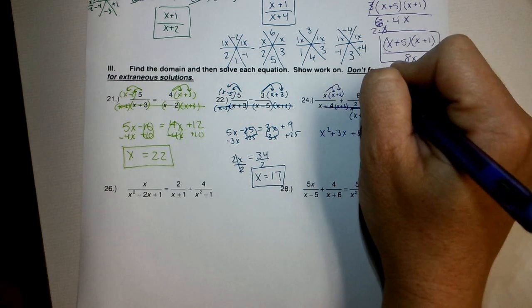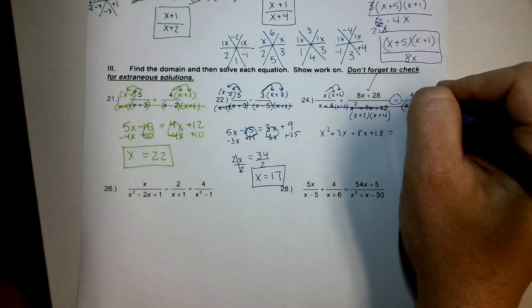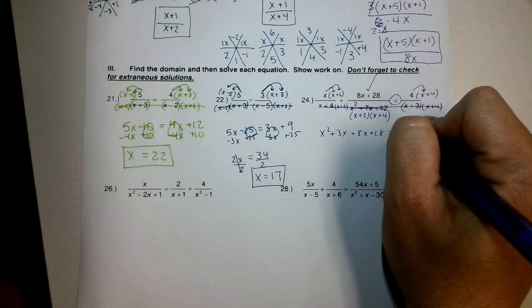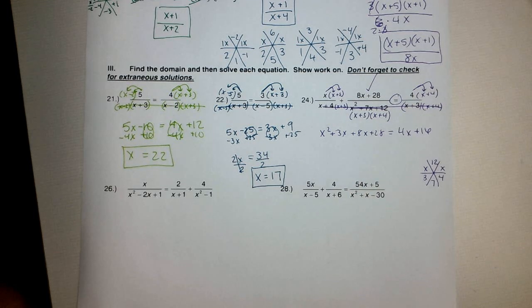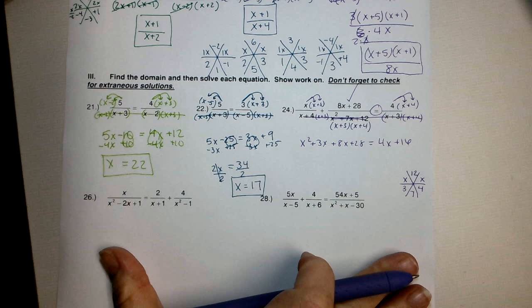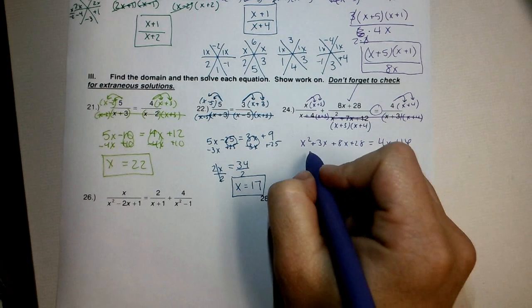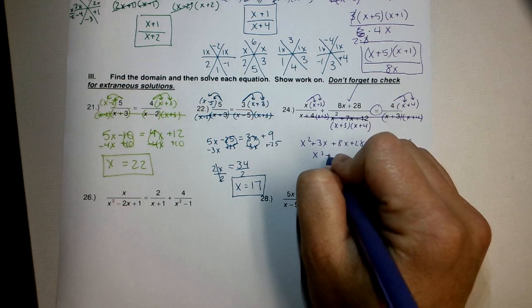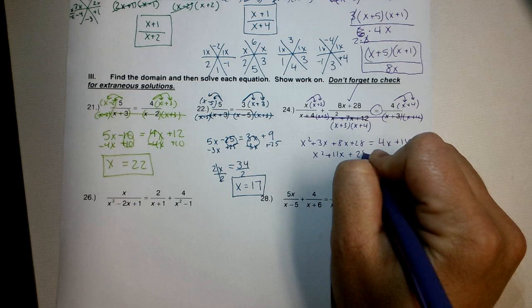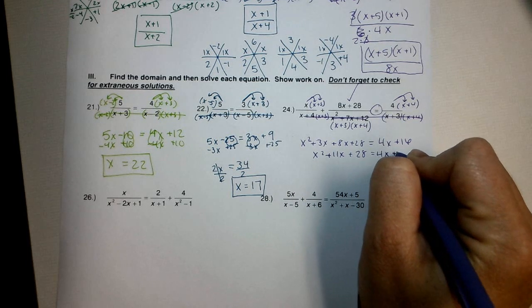It already had the LCD, and then equals 4x plus 16. So now we need to simplify. I do have a squared, so we need to get everything on one side and set it equal to 0. Okay, so I have x squared plus 11x plus 28 equals 4x plus 16.